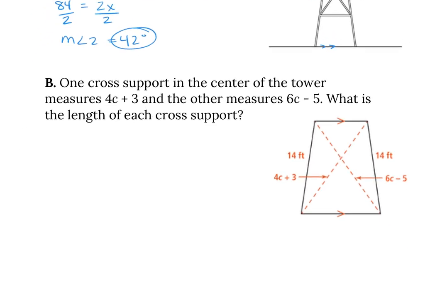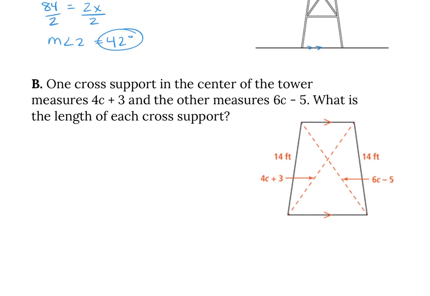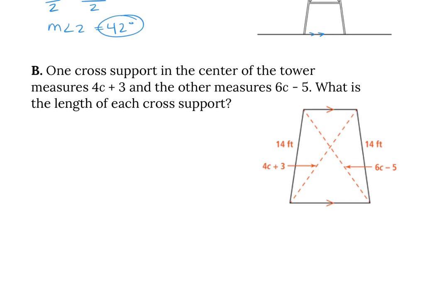All right, B. One cross support in the center of the tower measures 4C plus 3. The other measures 6C minus 5. What is the length of each cross support? So they're telling us the measures of the diagonals. I know my diagonals are congruent to each other, so I can set these equal.